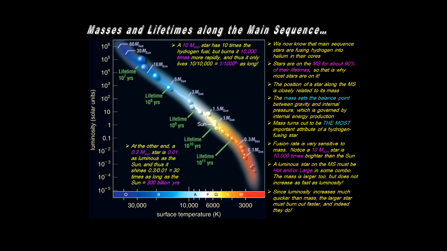And so it shines actually 0.3 over 0.01, or 30 times as long as the sun. A lot longer than you might expect, just being about 3 times smaller. So that would burn for literally 300 billion years. So these smaller stars, actually, anyone that's been born has never burned out, because the universe isn't old enough for the star to have used up all of its hydrogen fuel.